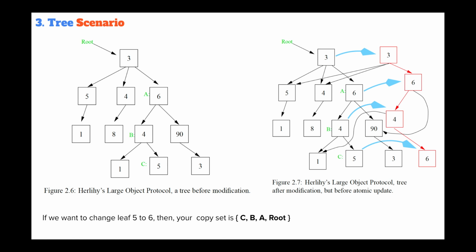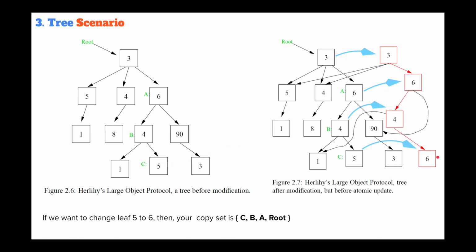Let's take the example for the tree scenario. In this case, we want to modify the leaf element, which is 5. So when we want to modify 5, we traverse from the root to the leaf, and then we copy all the elements in that path.